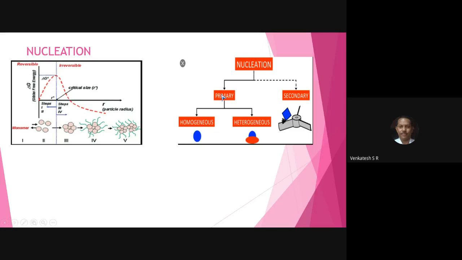The primary nucleation is divided into two: homogeneous nucleation and heterogeneous nucleation. Oval with circle, here only circle, and here you show the square.